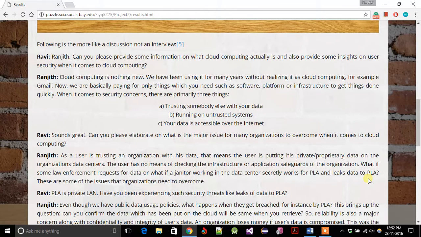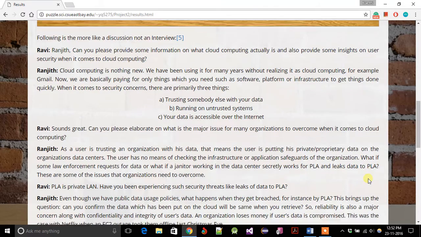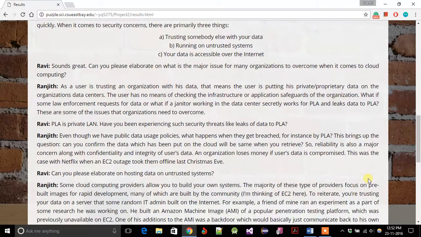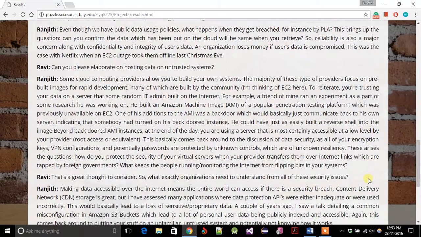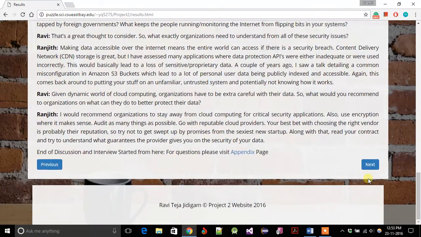You can find the detailed description of the conversation. I mentioned word for word what we discussed. To find the questions, you can directly jump to the appendix page. I have kept a hyperlink here, so you can navigate directly to the appendix page.